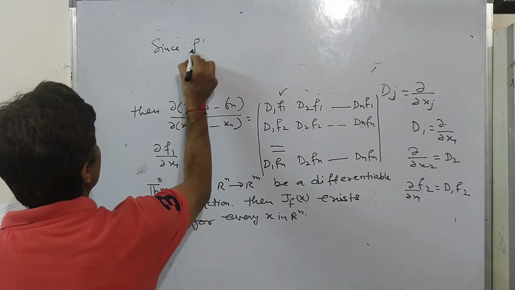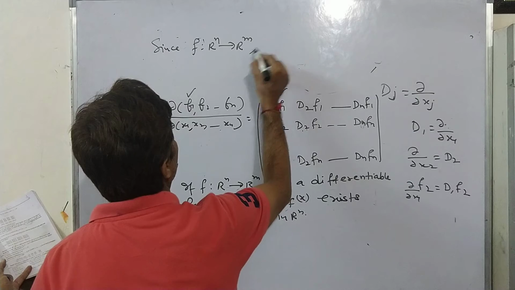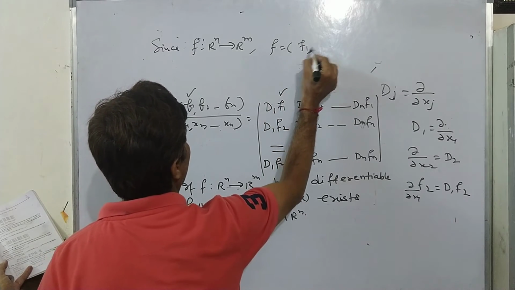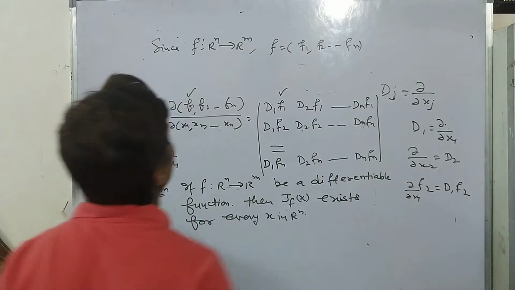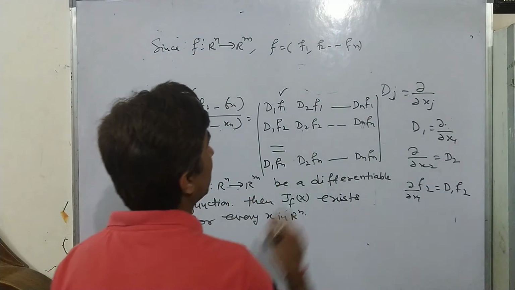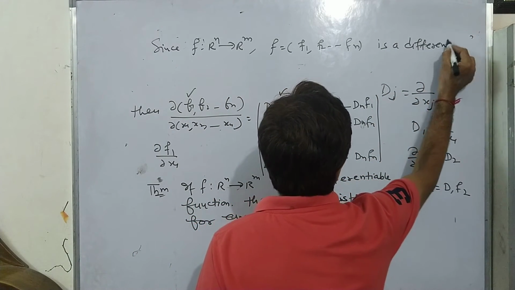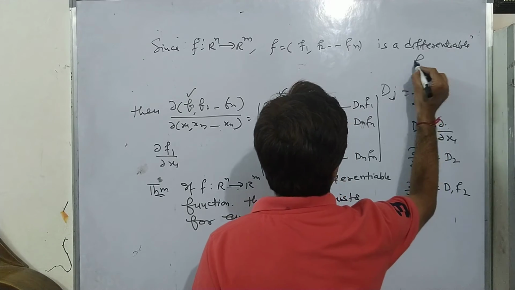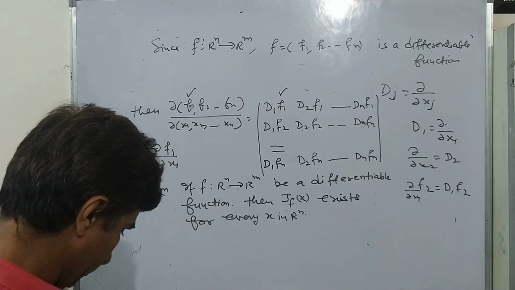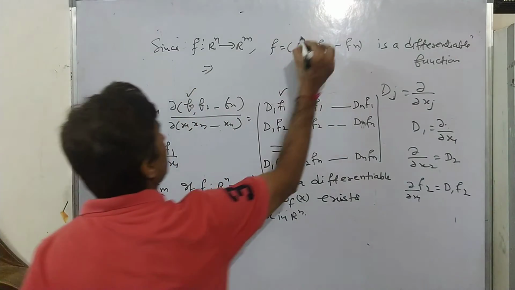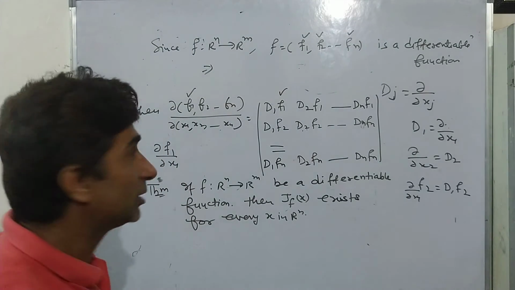Since f is a function from Rn to Rm, where f is what? f = (f1, f2, ..., fn) is a differentiable function. This implies each of f1, f2, ..., fn is differentiable.